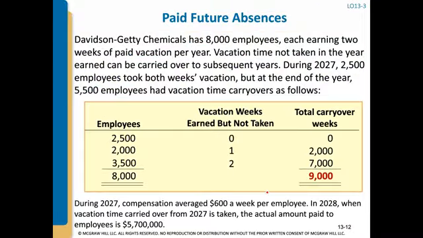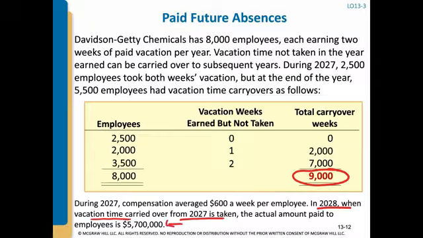The rest of this problem says in 2028, when the vacation time carried over from 2027 is taken, the actual amount paid to employees is $5.7 million. So we're going to assume what this tells us that the full 9,000 weeks of vacation were all taken in 2028.